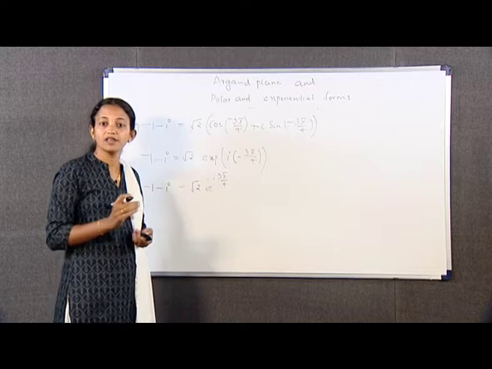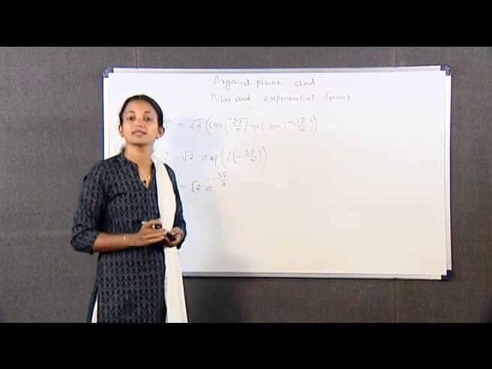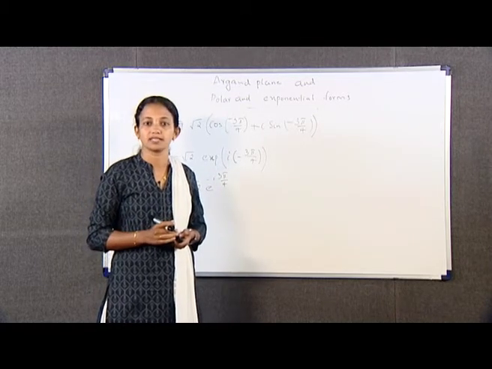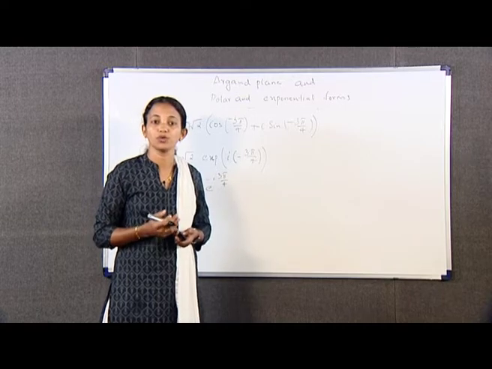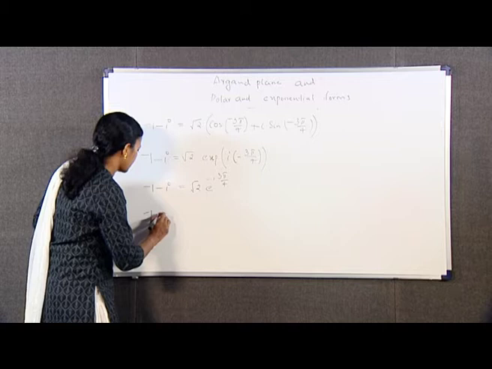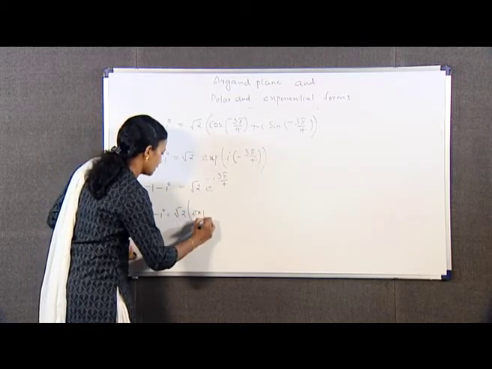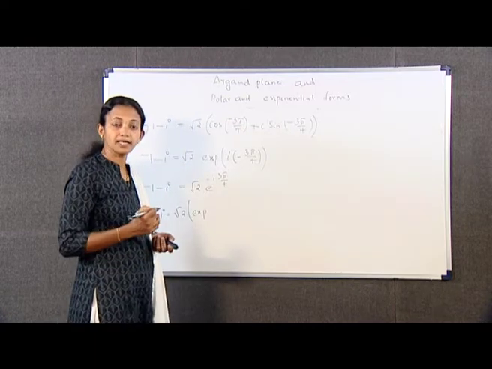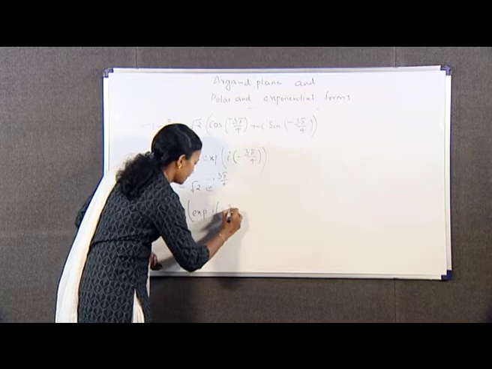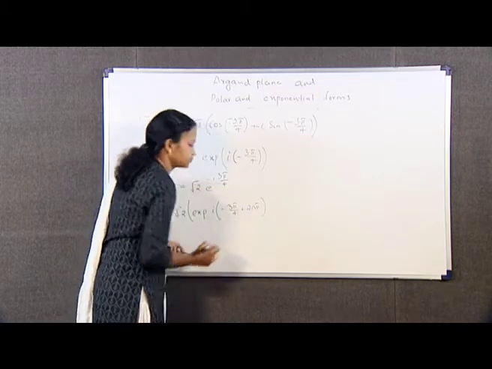Also, there are infinite number of possibilities for the exponential form of minus 1 minus i. They are given by minus 1 minus i is equal to square root of 2 into exponential i into minus 3 pi by 4 plus 2n pi.